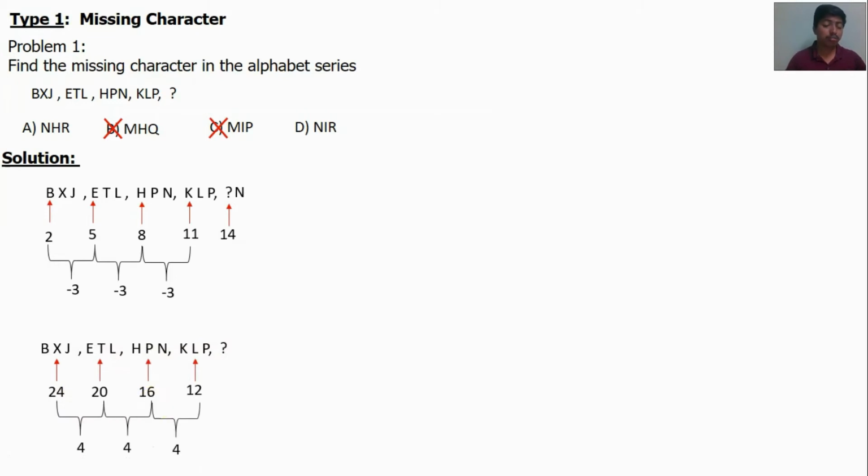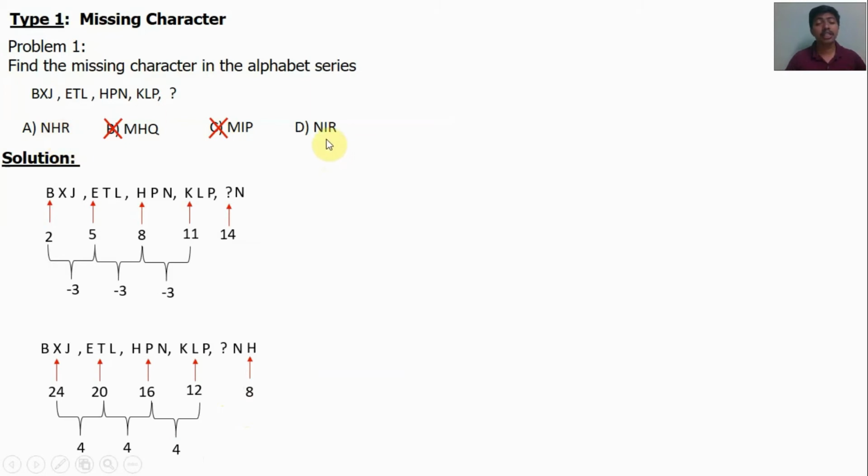The difference is 4. So the difference between the missing character and the previous character should be 4. So this letter should be 8. Then only you get the difference of 4. So 8 means H. H looks like 8. So the second letter of the missing character is H. In option A, the second letter is H, so option A may be correct.